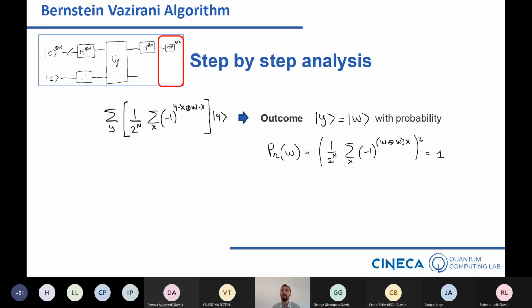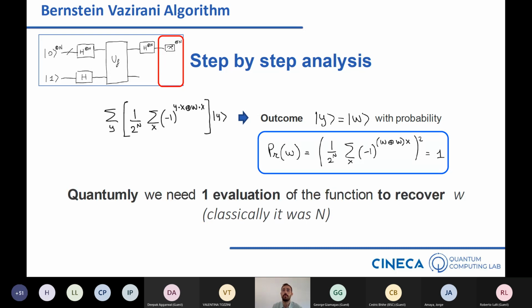So again, like what happened for the Deutsch-Jozsa algorithm, with just one run of the algorithm, so one evaluation of the function in quantum terms, you recover omega in the output.